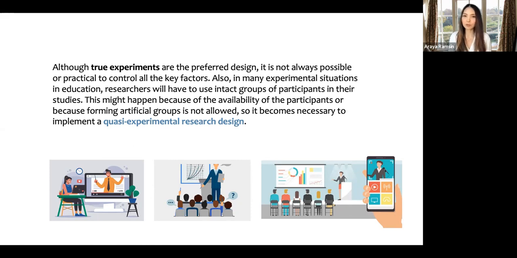Sometimes you just can't do it, so you have to implement quasi-experimental research. And because educators often use intact groups in schools, colleges, or classroom sections, quasi-experimental designs are frequently used in education.